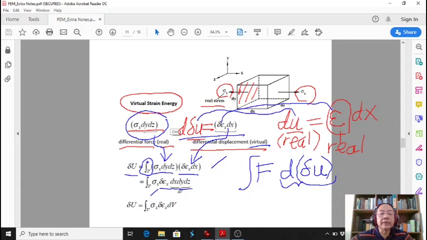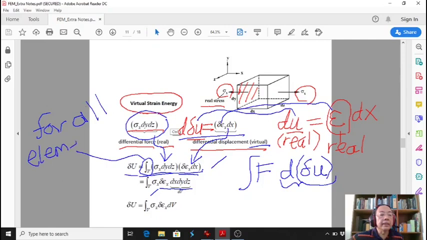We sum the virtual strain energy of all elements in the structure, maybe a bar or whatever structure.